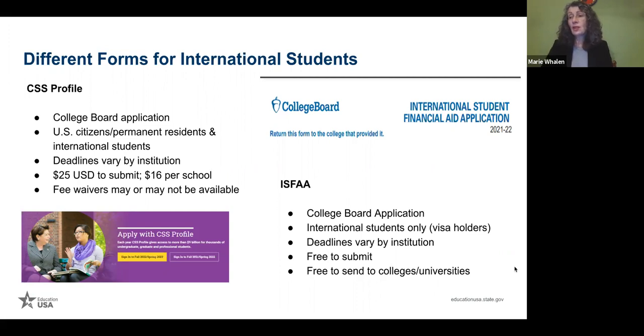It's important to note that applying for aid through either of these applications does not guarantee that you will receive need-based aid, just as submitting an application for admission to a college or university doesn't guarantee admission. It depends on what the data shows. In this case, what the financial data of your family shows. Next slide, please.